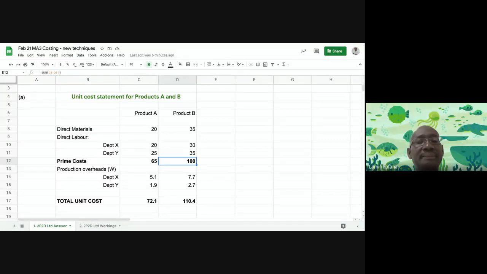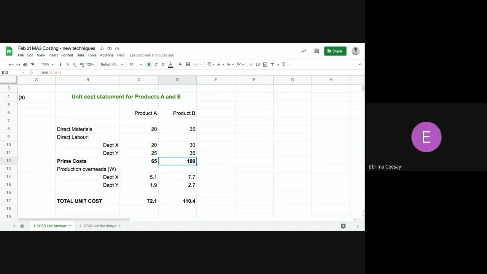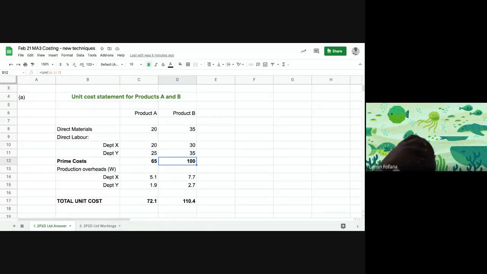Hello, Bovana. Yes, Ibrahim. I was trying to register since the start of the class, but I can't access the registration form. Okay, for those that are finding it difficult to register, please give your name to the class rep. The class rep will pass all of them to me, and then I'll put them on the register.